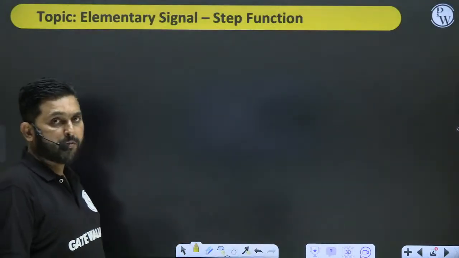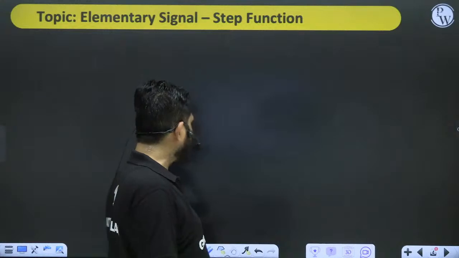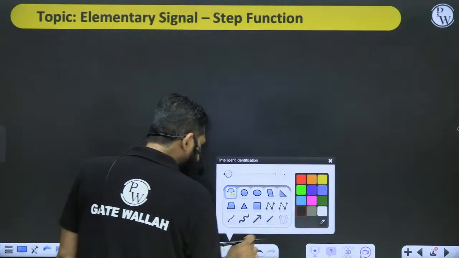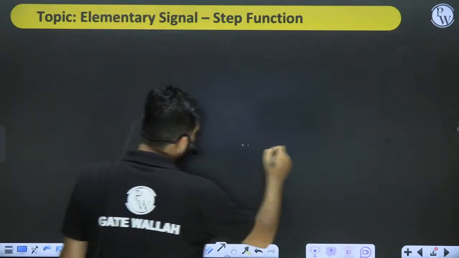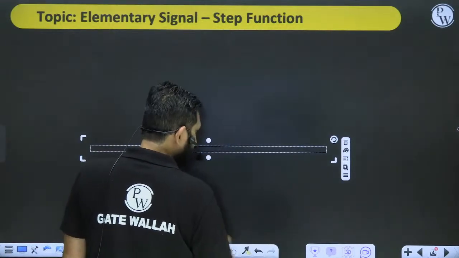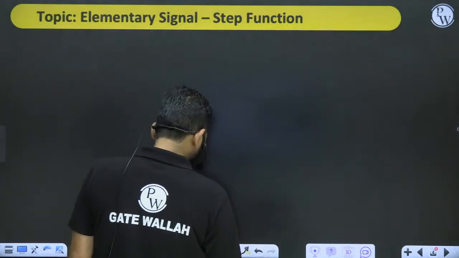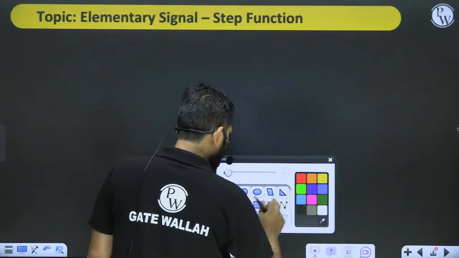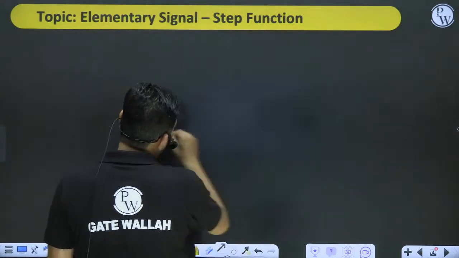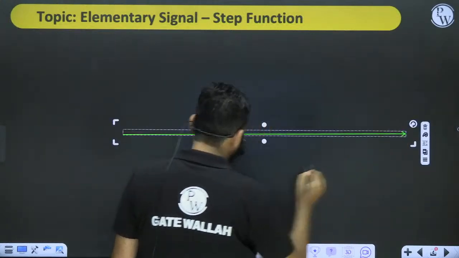What do we mean by the word step? See here, step function. Consider a signal. Suppose we have a signal which is this one.